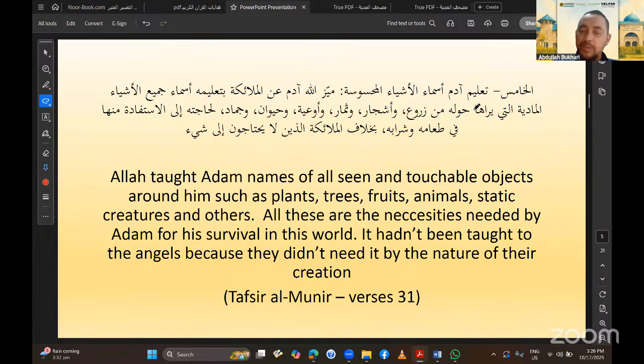So logically, when Allah taught Adam, "O Adam, this is the tree, shajaratun, pokok," it must have been through language. Meaning that among the earliest bounties granted by Allah to our forefather Adam is language.